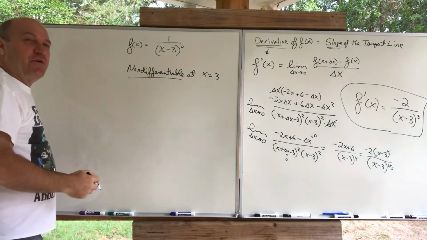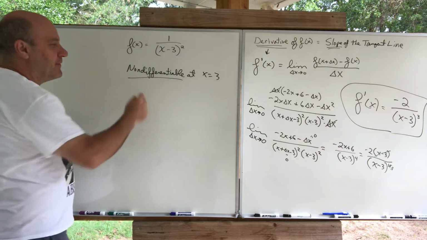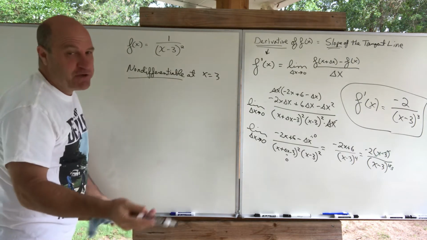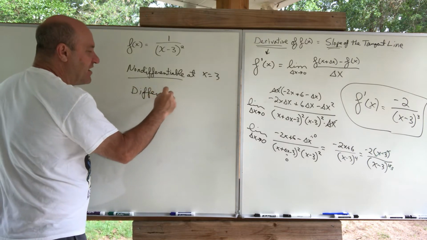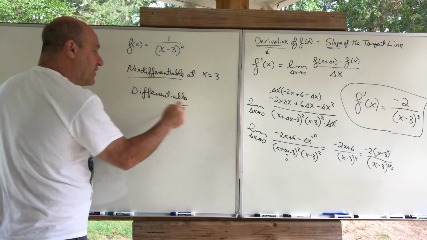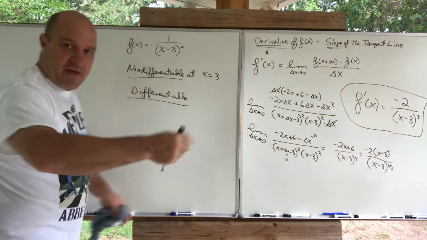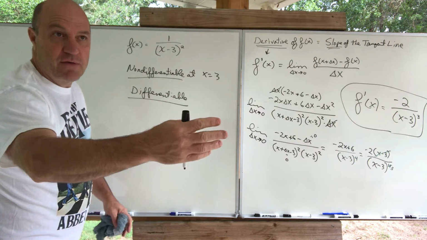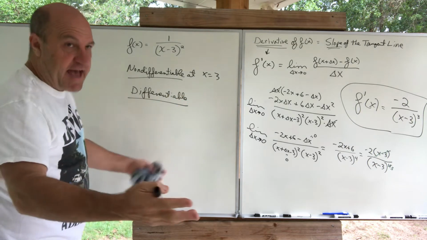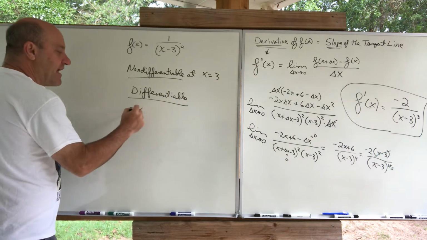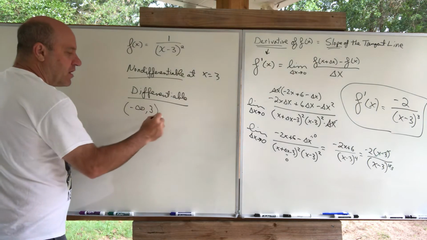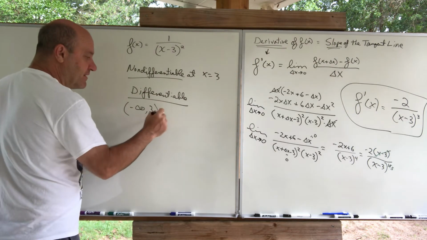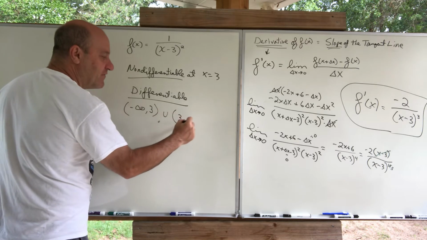I think your homework will ask you, where is it differentiable? So, you know, if it's non-differentiable at 3, then where is it differentiable? Everywhere else, and we give it as an interval on the x-axis, so we say negative infinity up to 3, union, 3 to infinity.